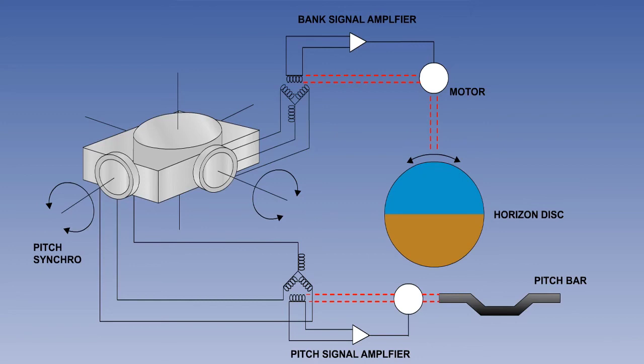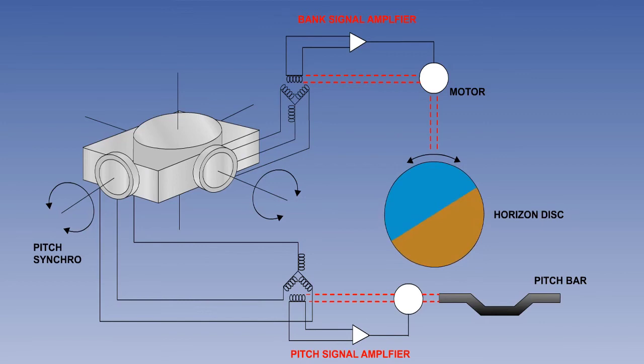After processing and amplification, the signals are transmitted to servo units within an attitude director indicator, or ADI, and also to control channels in an auto-flight control system, or AFCS. The vertical gyro, its leveling switches and torque motors are essentially the same as in the electrically driven artificial horizon.